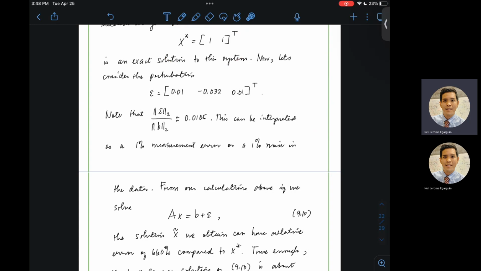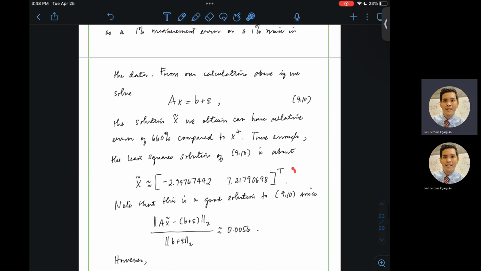So if there is no noise, the actual solution is 1, 1. If there is a 1% noise, the solution that we'll get is close to minus 3, comma 7.22. And that is quite far from each other, right?